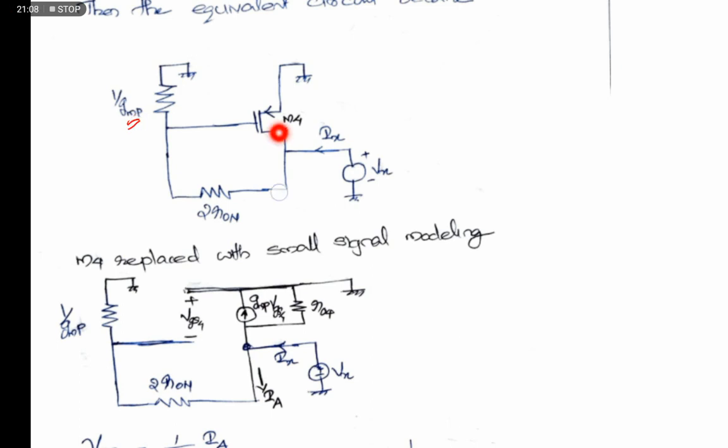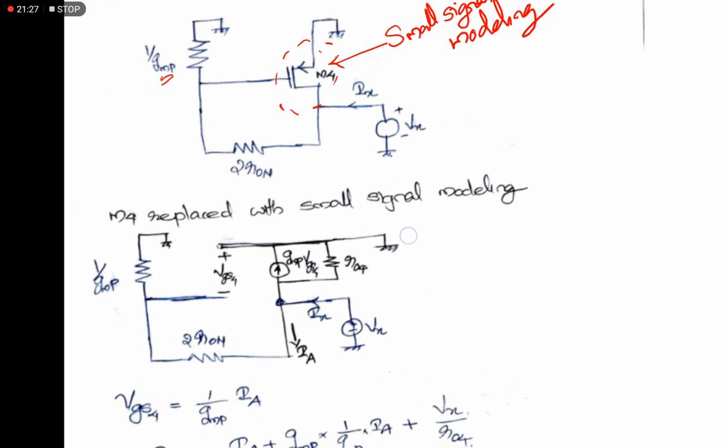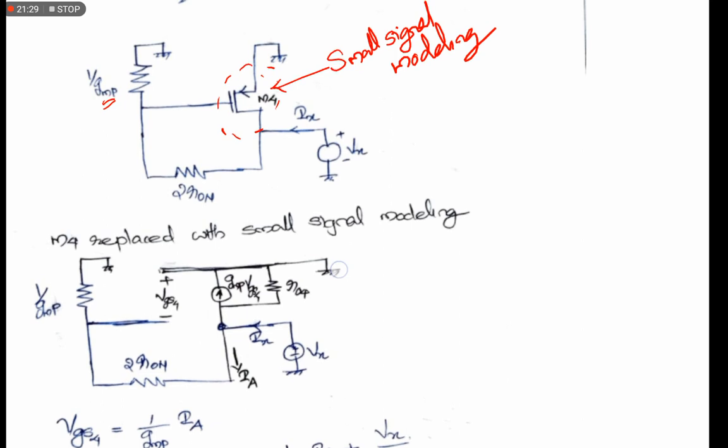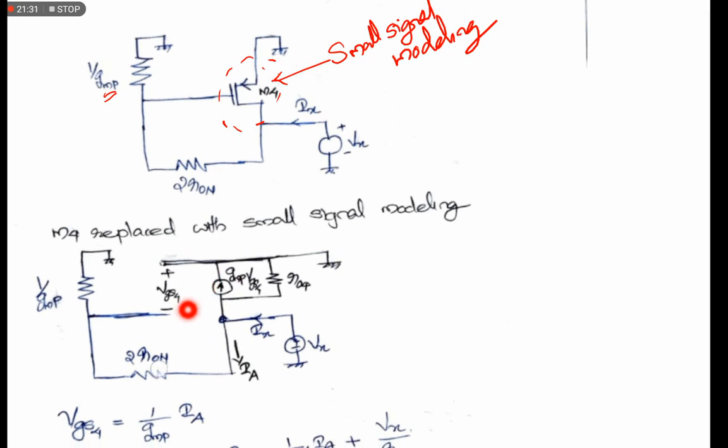And M4 will be there, and to evaluate the actual resistance we need to use small signal modeling for M4. Small signal modeling for M4. In the small signal analysis, that is replaced with a gate source voltage.